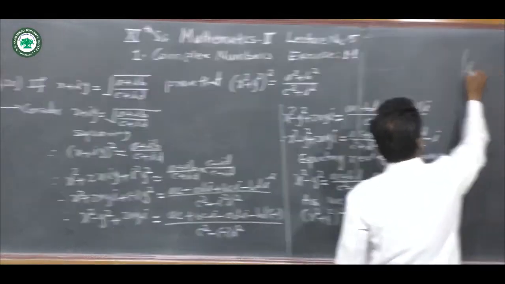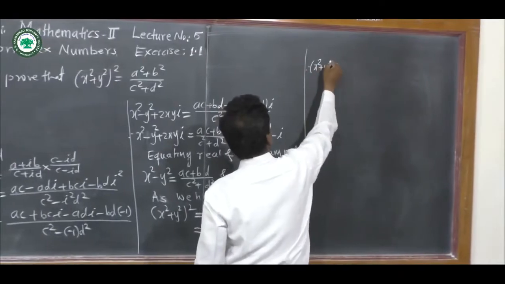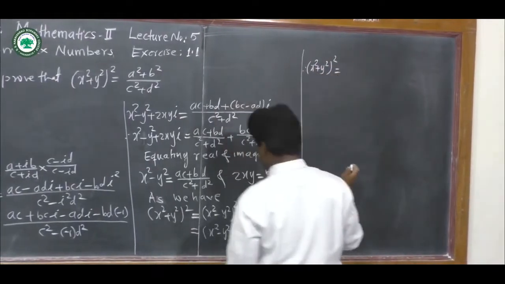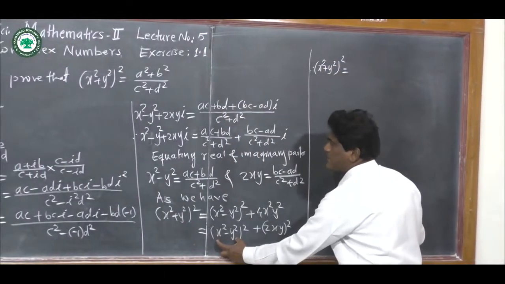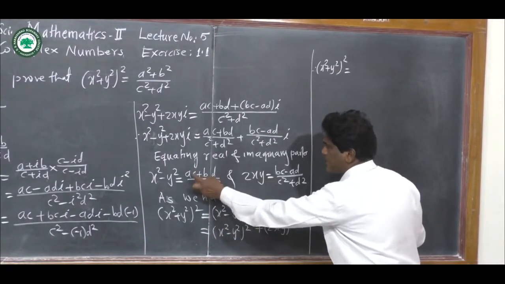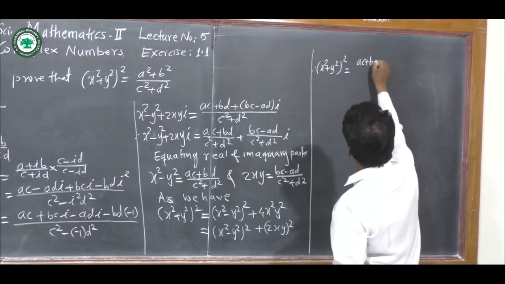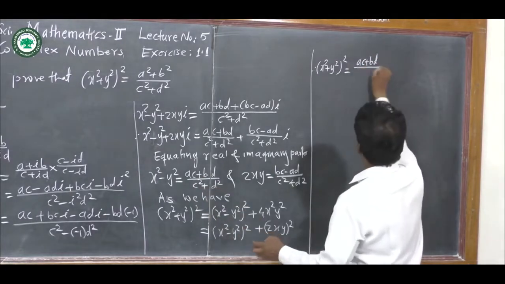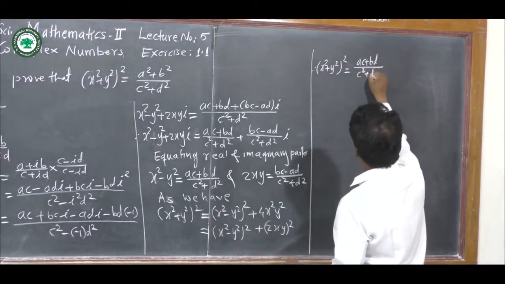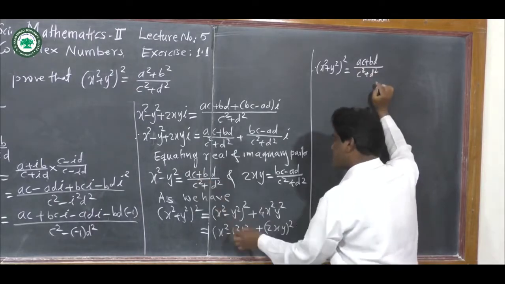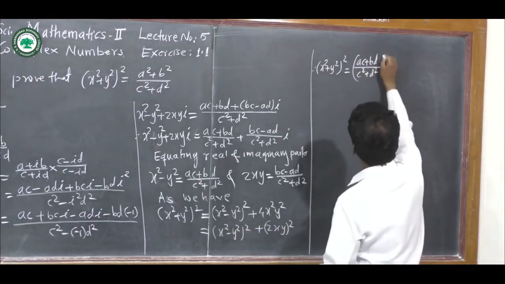Therefore (x square plus y square) to the square is equal to, put the value of x square minus y square. x square minus y square is (AC plus BD) divided by (C square plus D square), and its square, so take square.